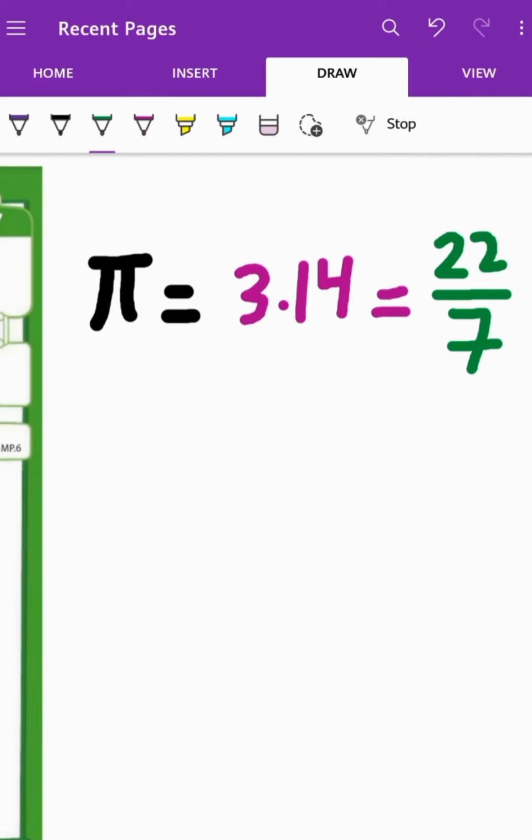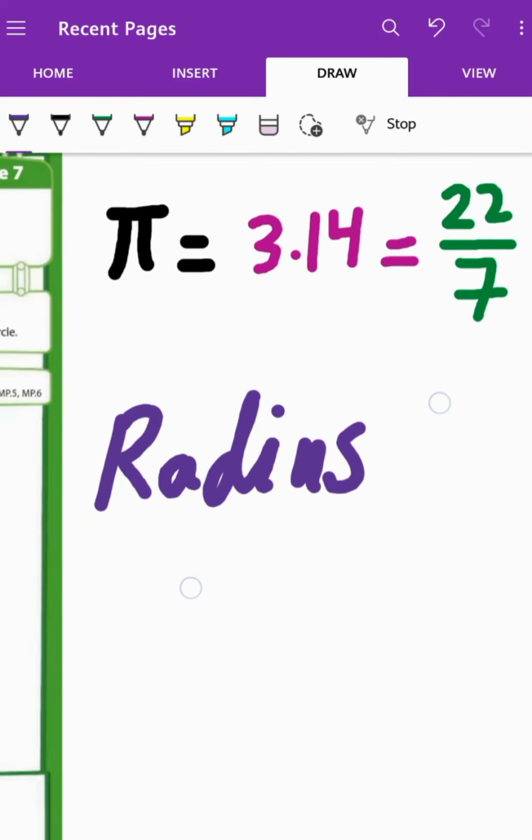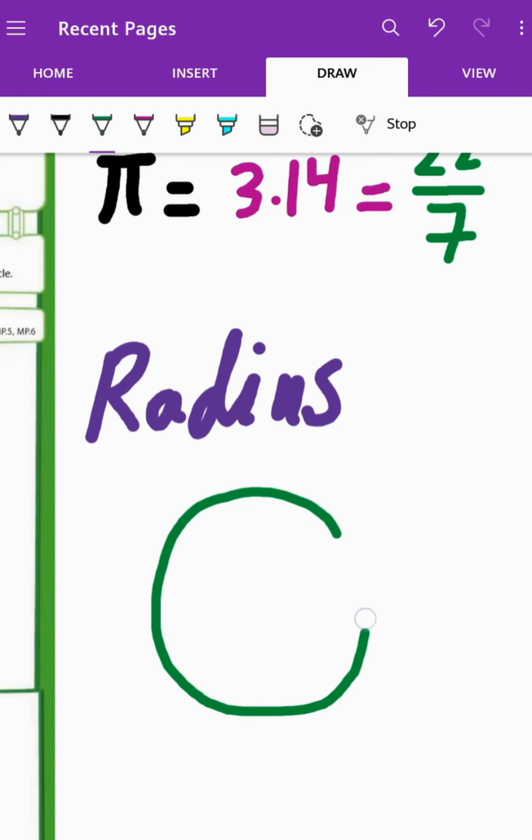The second concept that you need to know is called radius. If you have a circle and this circle has a center, the distance from the center to the circumference is called the radius.